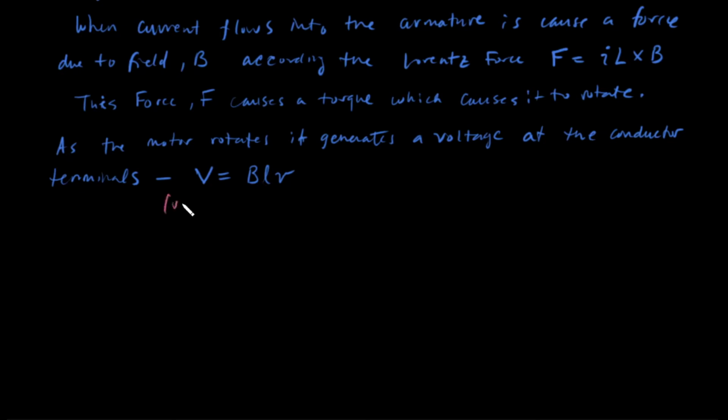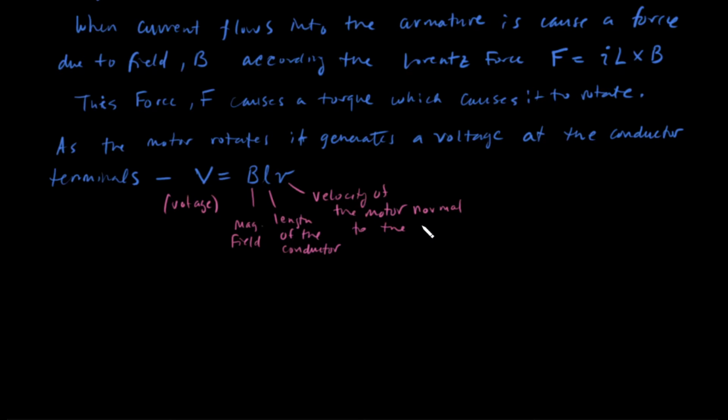V is the voltage that's generated as it rotates, B is the magnetic field, L is the length of the conductor or the coil in the motor, and v is the velocity of the motor that's normal to the magnetic field.